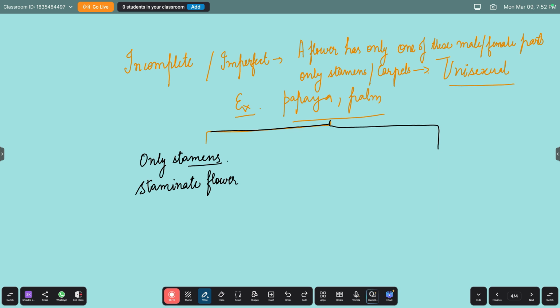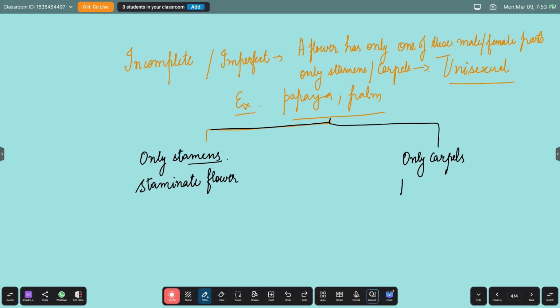And if they consist of only carpels, the opposite, it will be called a pistillate flower.